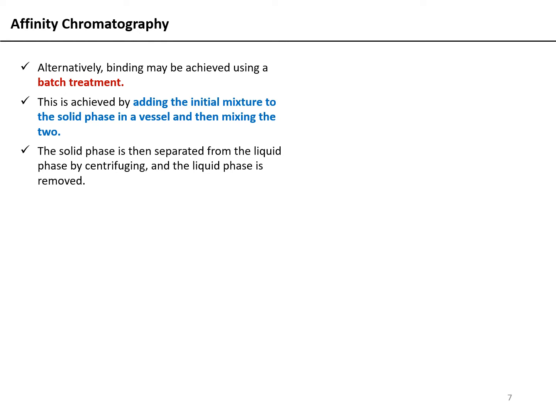So basically you have the beads in the falcon, you add your load or lysate onto the beads. You let it bind for a certain amount of time at a certain temperature. So for example, if you're doing binding at room temperature, it will typically be for a couple of hours, say 2 or 3 hours. If you're doing it at 4 degrees centigrade, it would be overnight. So you let it mix and you let it bind.